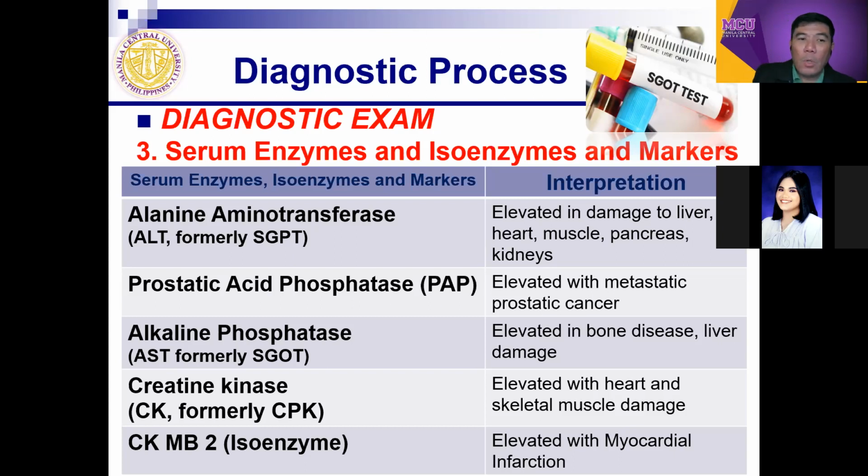Another one, if we want to detect metastatic prostatic cancer, we have what we call prostatic acid phosphatase.